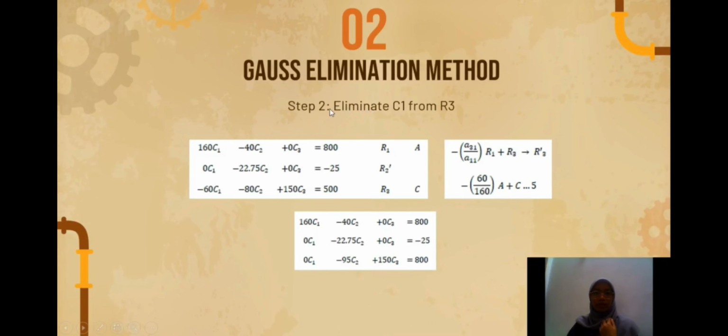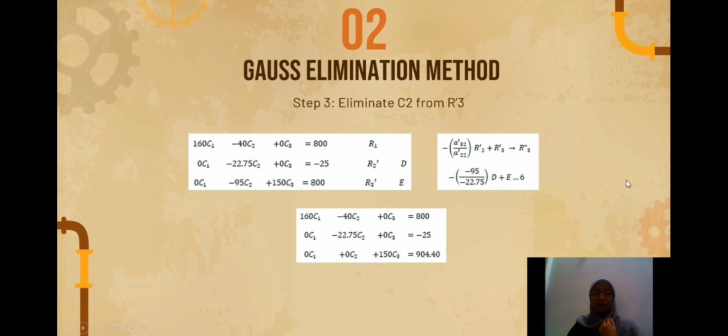After that, we need to eliminate C1 from row 3, which is negative 60, and we need to use equation 5. And then, for the last step, to eliminate C2 from row 3, we use equation 6. And we got negative 95 to 0 values.